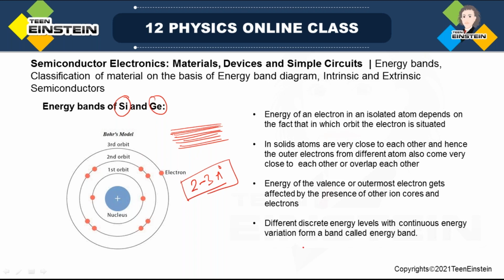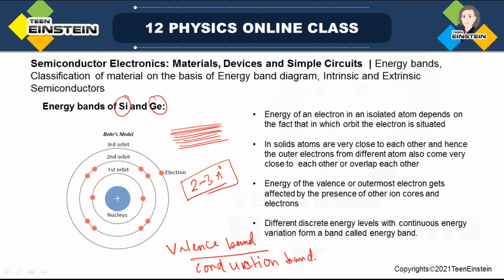Let me tell you here itself, there are two kinds of bands. One is the valence band. This includes the energy levels of valence electrons, and there will be another band that is called the conduction band.